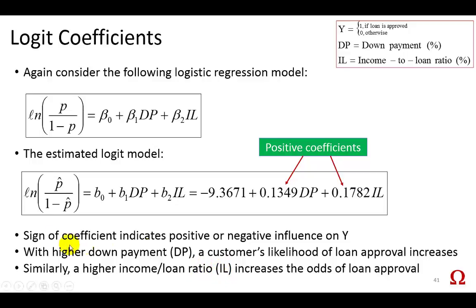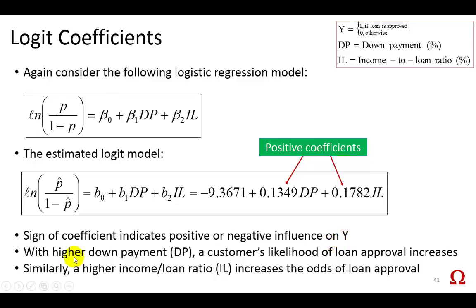Well, again, consider the estimated logit model. We note here that the coefficients are all positive. And so the sign of the coefficients, positive in this case, indicates that they're going to have positive influence on Y, which is the likelihood of loan approval.